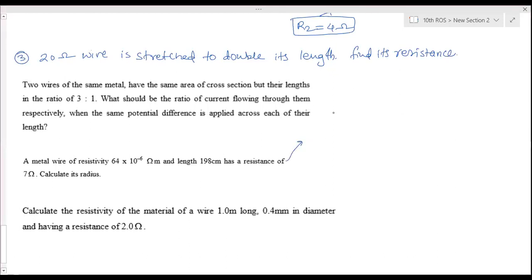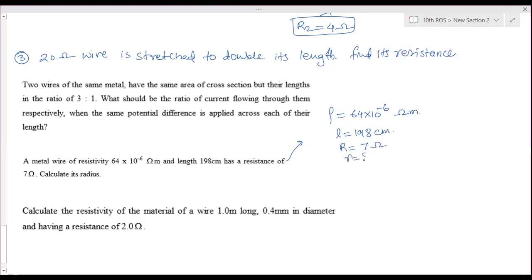In this case, resistivity is given as 64 into 10 to power minus 6 ohm meter. Length is given as 198 centimeter, and the resistance is given as 7 ohms.